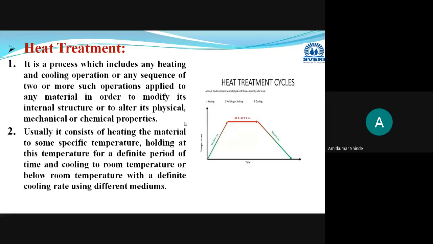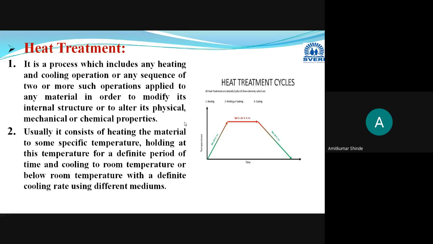That will be termed the heat treatment process. We are going to apply any sequence of heating and cooling cycles. You can apply one heating cycle and one cooling cycle, or you can apply 2 heating cycles and one cooling cycle, like that.